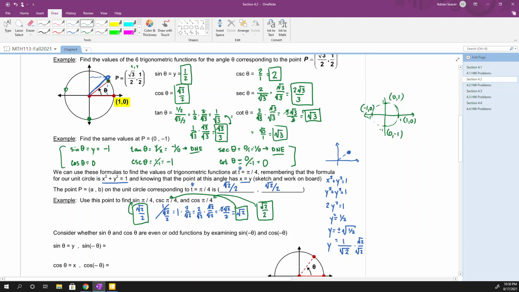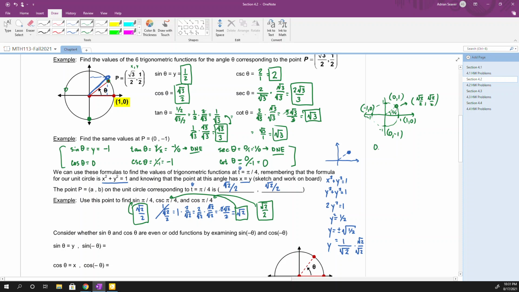I can also know now for this point. Now I already know the coordinates of that point, right? They're going to be square root of 2 over 2, comma, square root of 2 over 2. Okay, at a 45 degree or pi over 4 radian angle, I know the sine, cosine for all of those. So 0 radian, pi over 2 radians, pi radians. I know a few things, right?